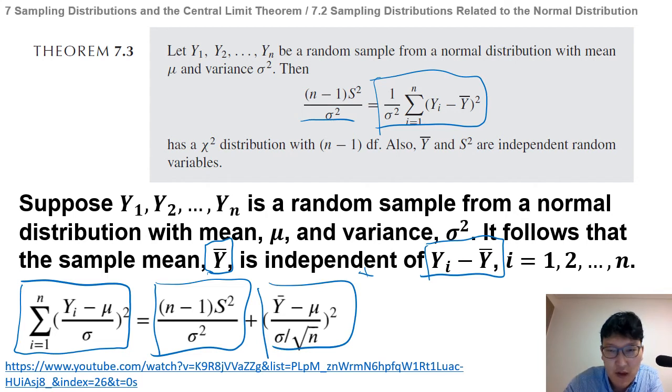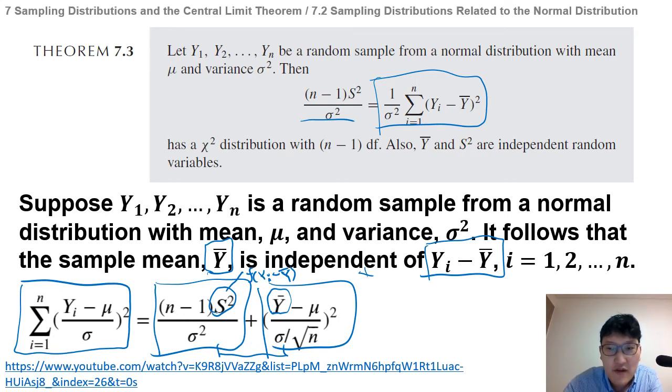You can do it, and then from here, this s squared term is a function of yi minus y bar, and this term is a function of y bar, and so these two terms are independent.